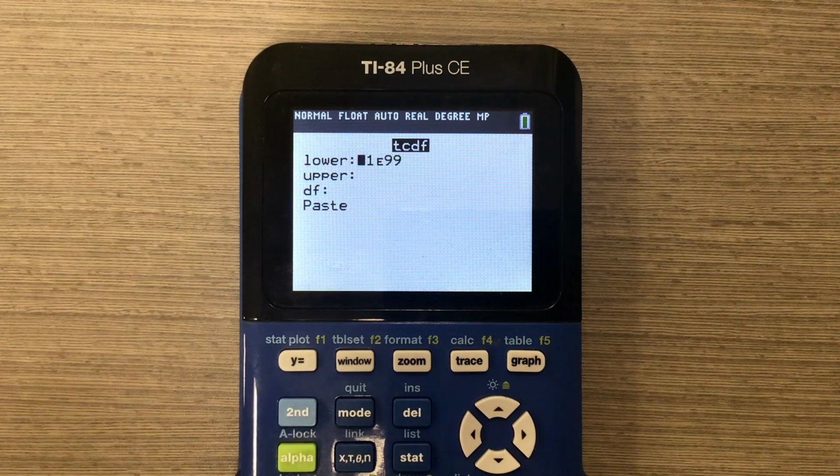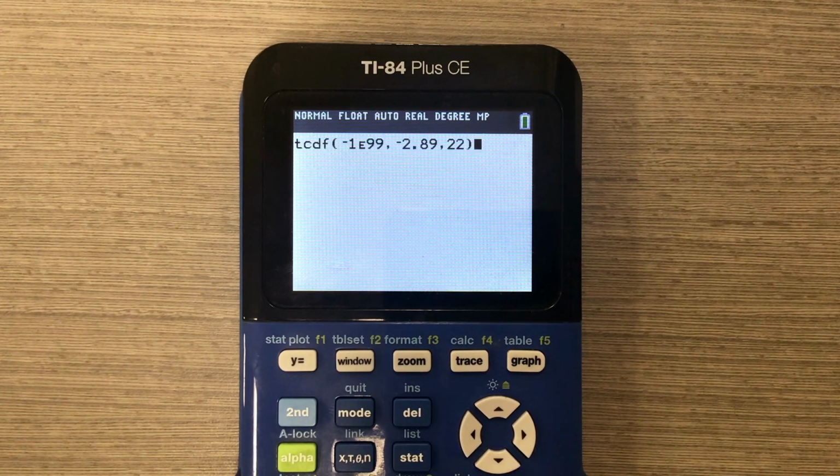So it has in there -1 times 10 to the 99th power. You can leave it as that if you want. You can also hit a bunch of 9s if you'd like. And our upper is going to be -2.89, because that was the calculated t-value if we knew our standard error from all this. Our degrees of freedom is 22 from our values here. And then we're going to hit paste and hit enter, and there we get a p-value.